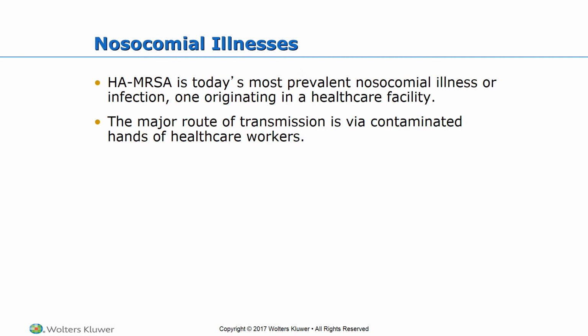And how did they get it? Usually through the contaminated hands of healthcare workers. That is us, folks. That is us. How could this have been blocked? By breaking the chain of infection, by washing the hands and using standard precautions.